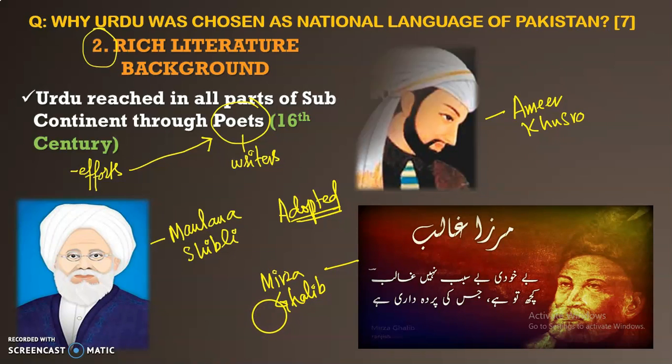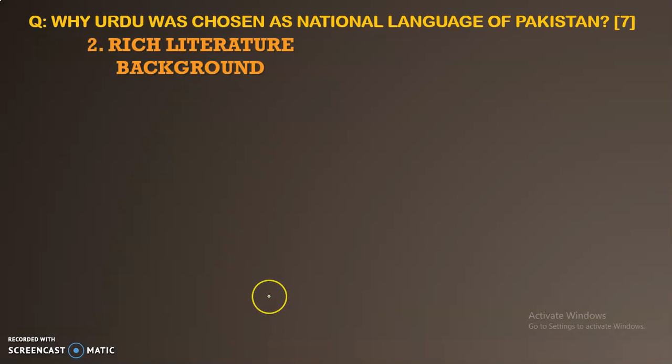Now there are a few more points that you need to add in the same paragraph. Let me write the point first of all. There were a few changes brought by the Muslims. Why? Let me write it first.